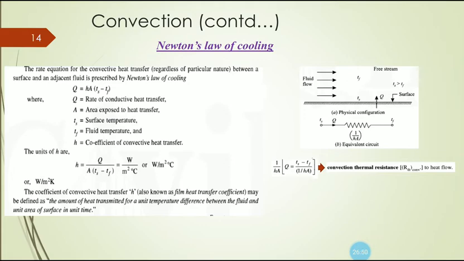And on the right hand side of this page, you can see the convective thermal resistance. From our basic concept of the analogy, we have represented the convection thermal resistance as 1 by hA. Okay, so let us move to the next page.